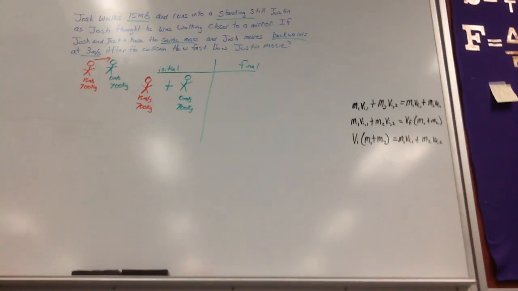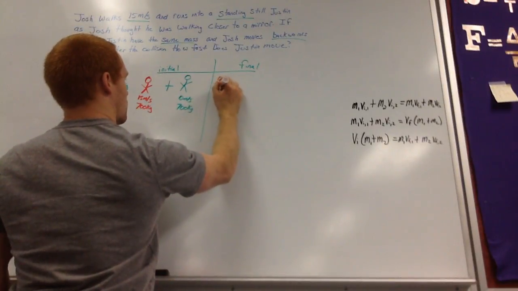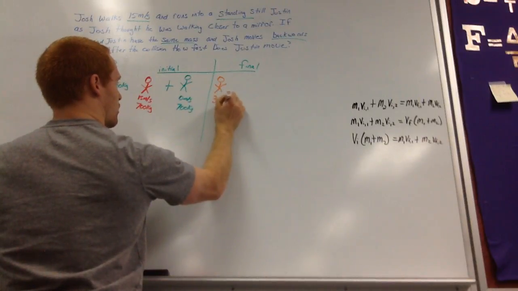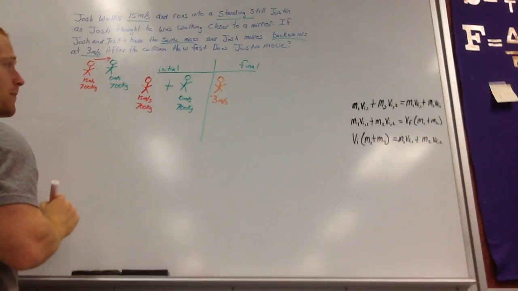Now we're going to move on to the final. It says Josh moves backwards at 3 meters per second, so I'm going to draw Josh in a different color, because his velocity is going to be different. So I'm going to draw him in orange. And so he's going 3 meters per second. Notice he's going backwards, so it's actually going to be negative 3 meters per second.